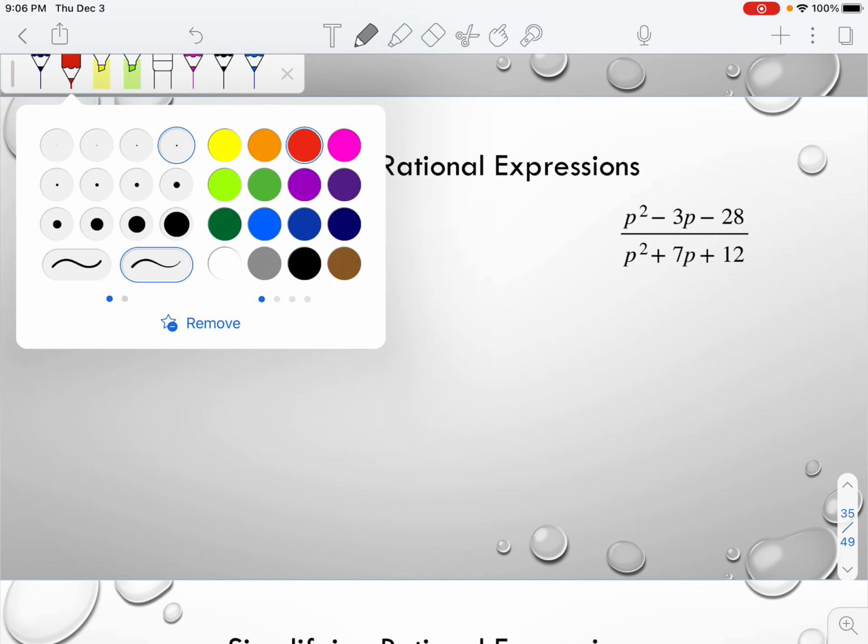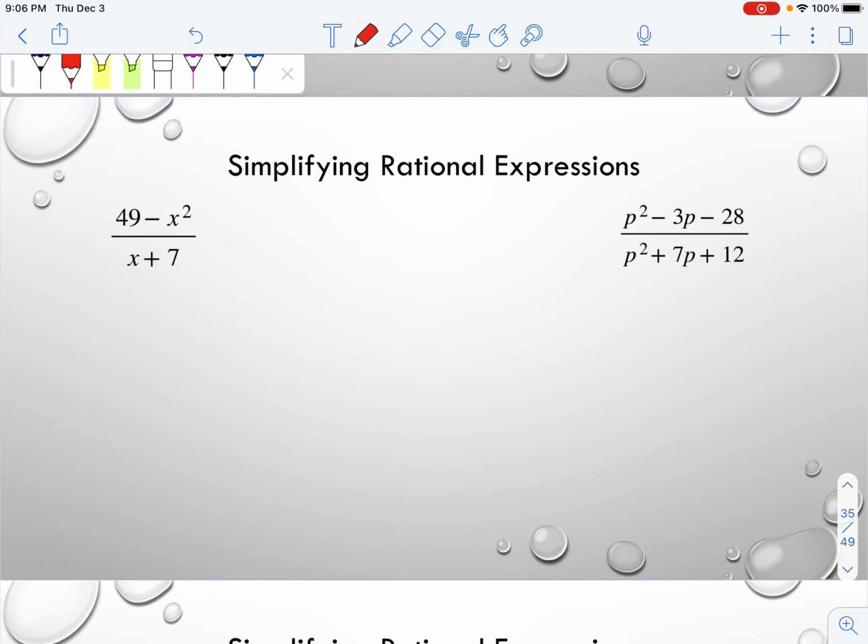We see that we have something here. This is the difference of squares. We have a perfect square minus a perfect square, so we can use our factoring shortcut to turn it into 7 plus x, 7 minus x, over the denominator of x plus 7.